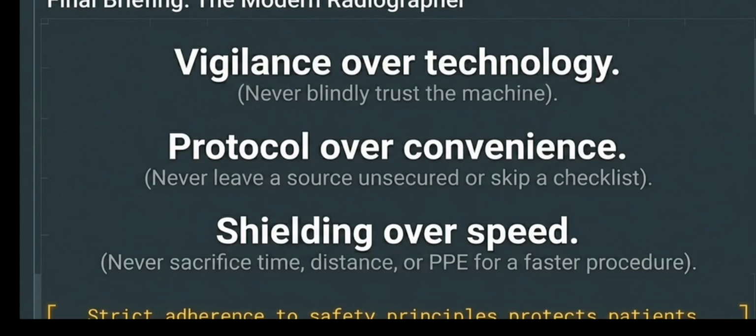We never sacrifice time, distance, and shielding, or our PPE, simply to complete a procedure faster. Our job is to succeed safely, because what matters is that we protect our patients, our colleagues, and the public from the unseen threat of radiation.